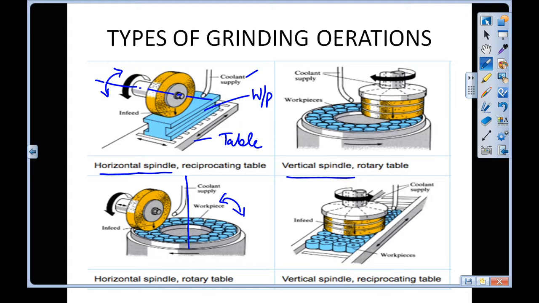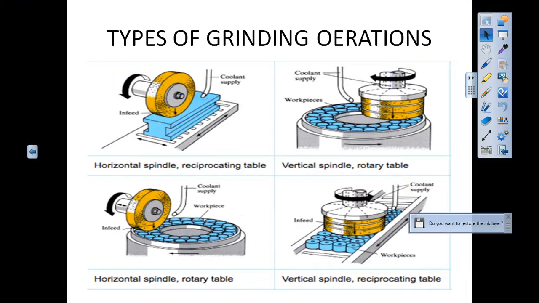The second category is the one in which the axis of the grinding wheel is in the vertical plane, so the grinding wheel will rotate clockwise or anti-clockwise about this vertical axis. And the table here is of rotary type, and in the second case the table used is of reciprocating type. So these are the two types of grinding operations depending upon the axis of the spindle.